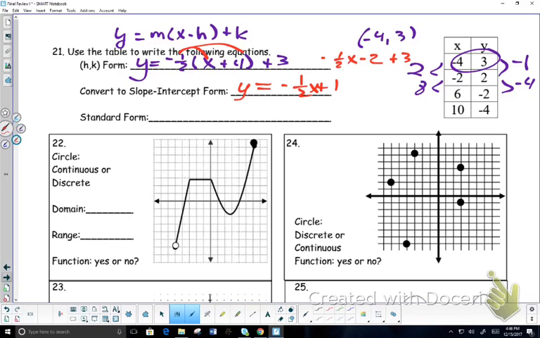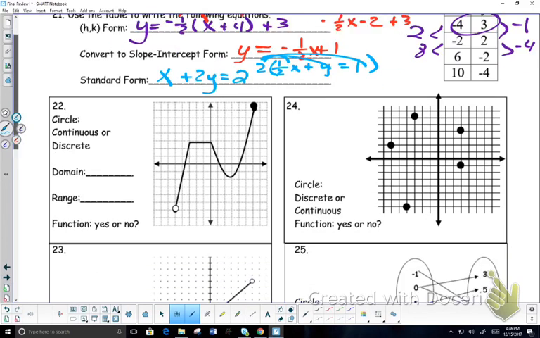Converting it to standard form, step number 1 would be to add the half x. And then once again, remember we can't have any fractions, so we have to multiply this by 2. When I do, I get x plus 2y equals 2. And that would be our standard form.